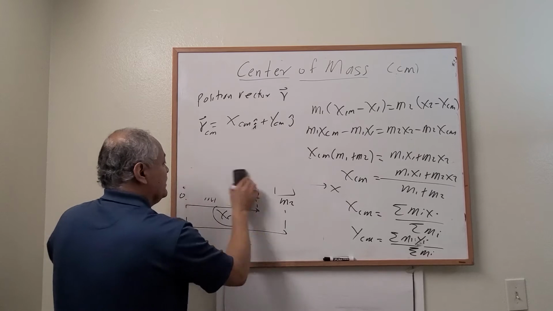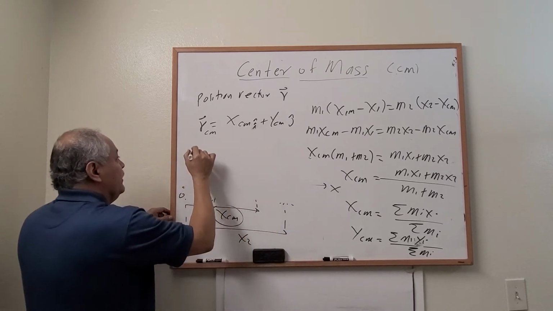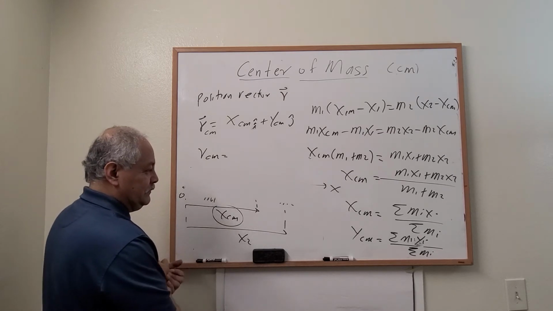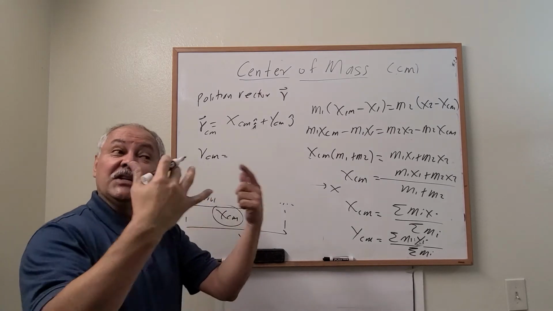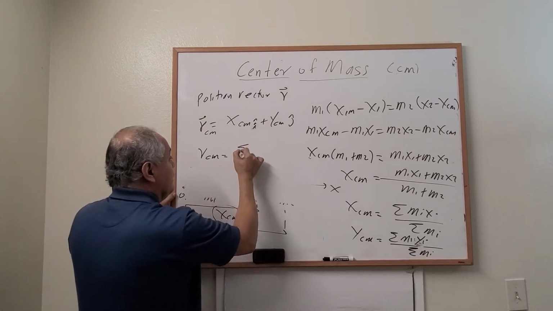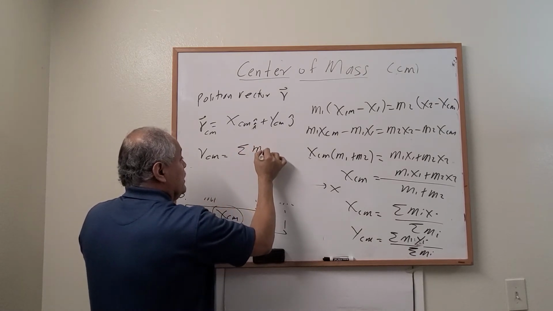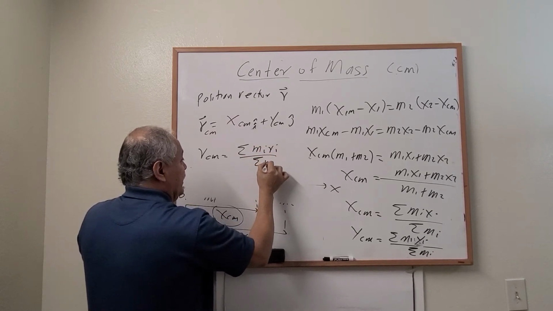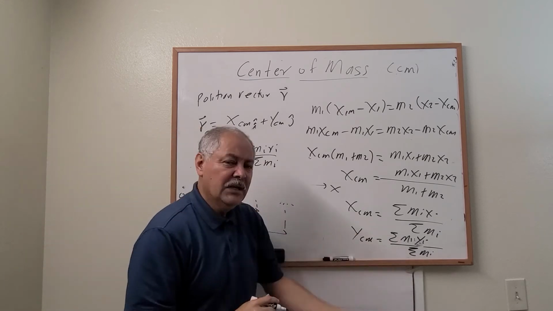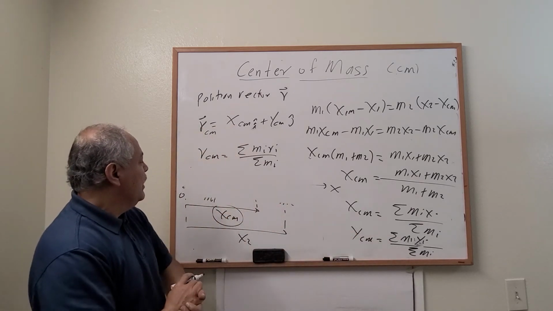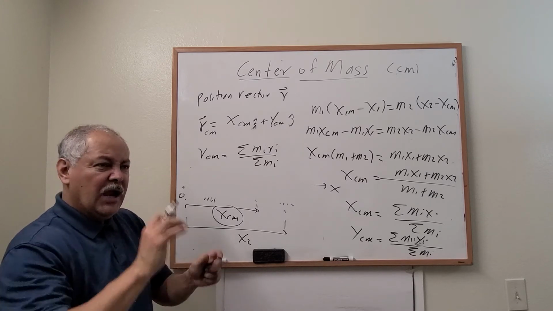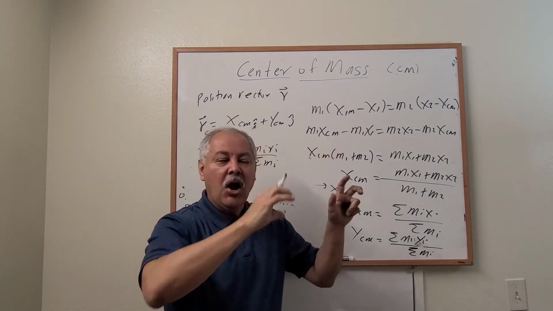That form gives us the position vector of the center of mass equal to the sum of this product divided by the total mass. They have the same form. So these are the general forms for the center of mass when we have discrete objects.